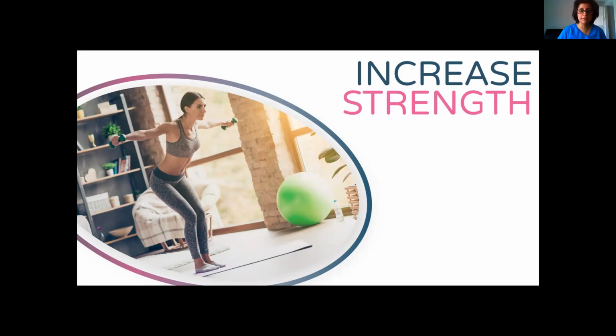So the first exercise I want to talk about is your arm circles. If you stand up and your feet are hip width apart, you hold a light weight in each hand, and then you can do circles that require you to go backwards and then moving your circles forward.